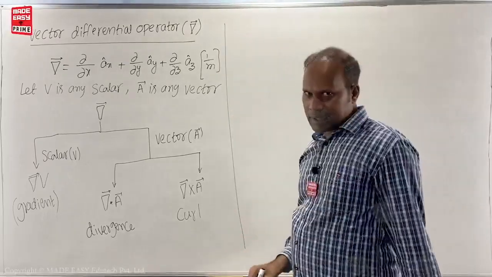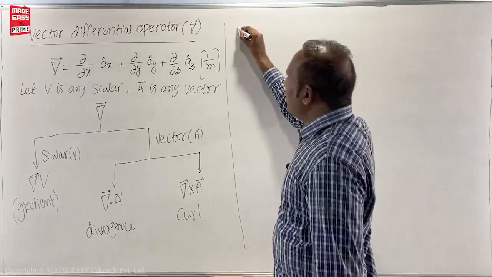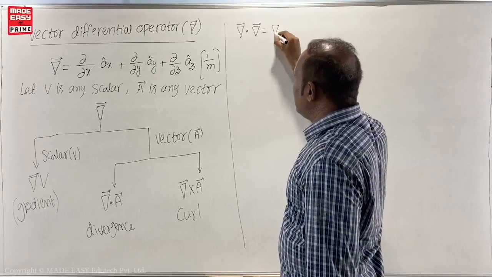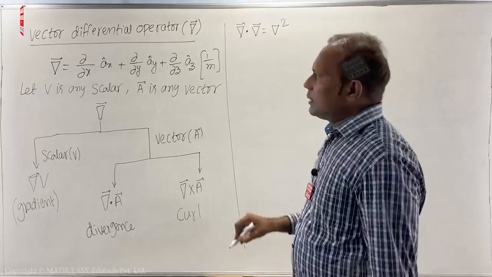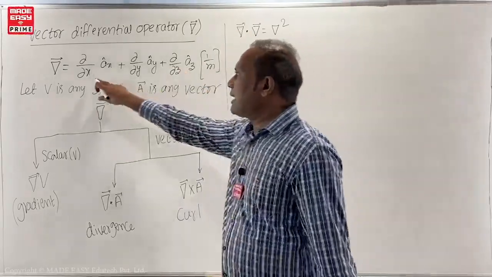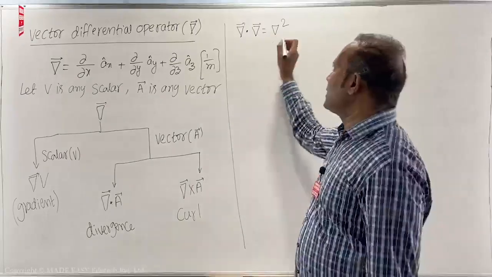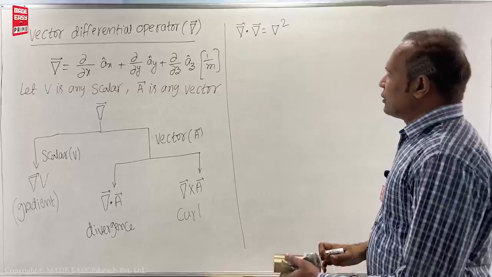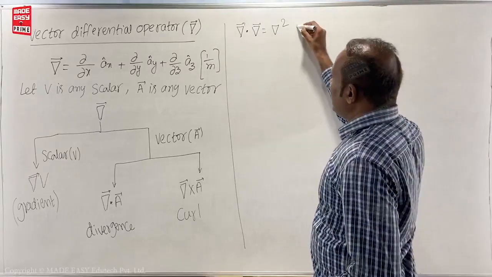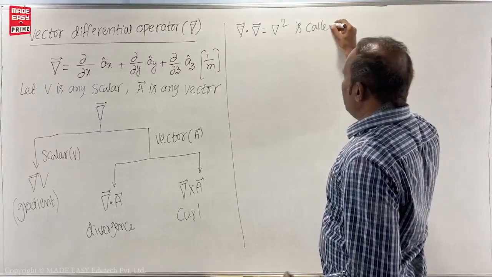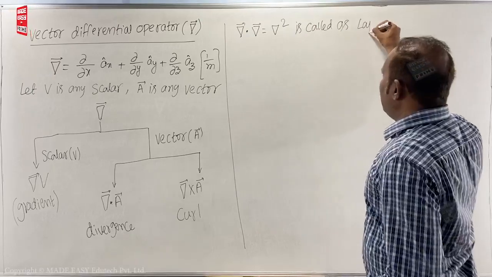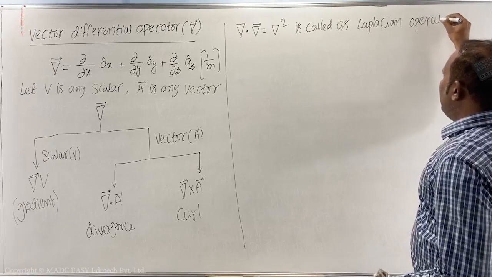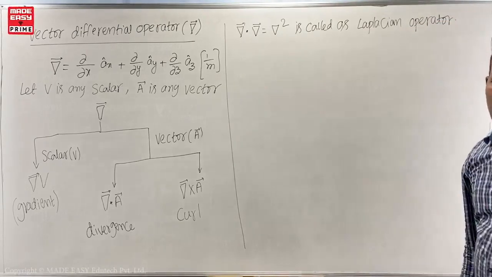Now in the mathematics subject, del bar dot del bar is equal to del square. That means del has a single differentiation, but del square, I will tell you later on, has a double differentiation. So del square is called the Laplacian operator. Del square is called the Laplacian operator.